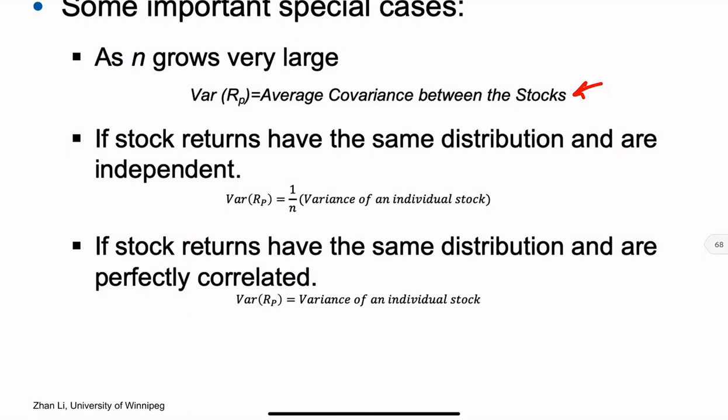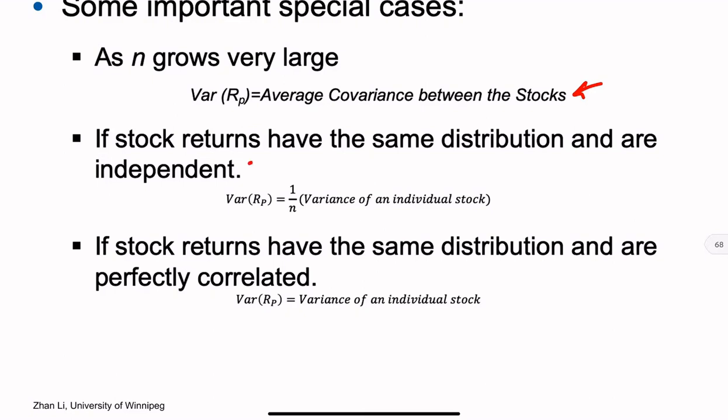So if these stocks within your portfolio are very strongly related, then the average covariance will be large. So the portfolio's volatility will be large.